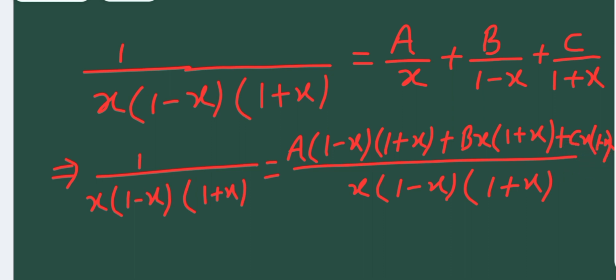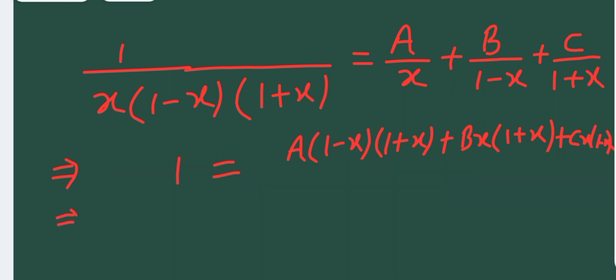If we simplify this further, the denominator will get cancelled, because it is the same on the left side and right side. So I am removing it. The left side is 1, and the right side we will simplify. Why are we solving this?